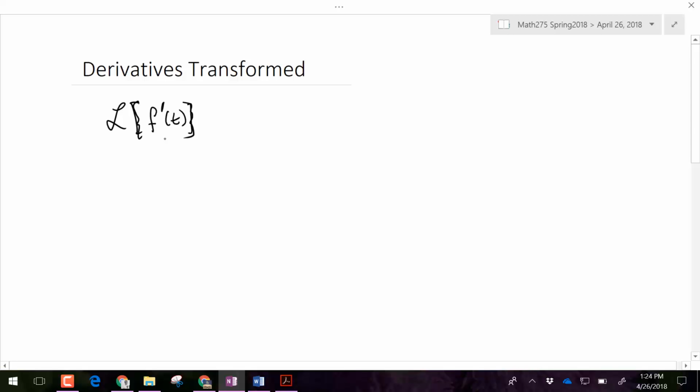So the question is, what happens to a derivative when we try to send it to the Laplace world? So the idea is to go through the proof. I'll go through a proof of one of them, and then I'll just put the general statement over here.